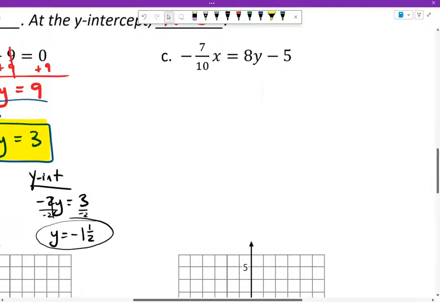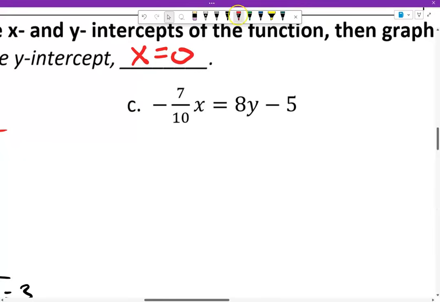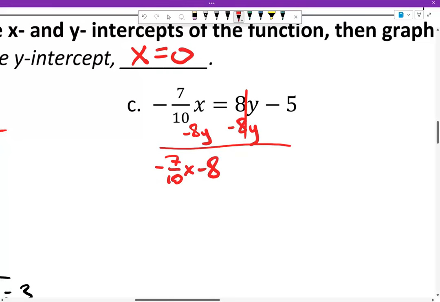Okay, our last example has a fraction, and you can kind of decide when to take care of these different things. I like to put them all in the right spot first. So we'll subtract 8y, negative 7/10 x minus 8y equals negative 5.